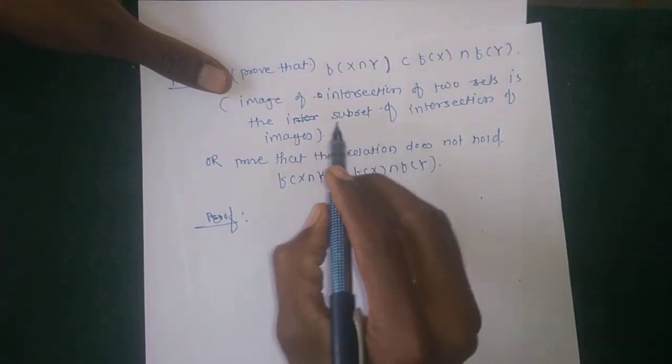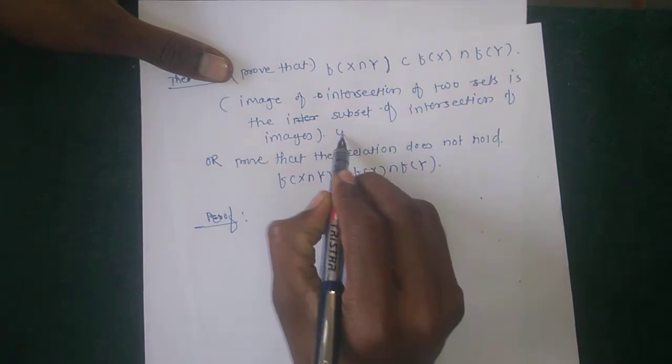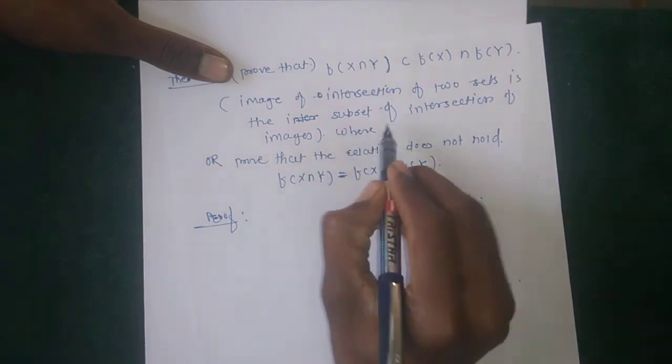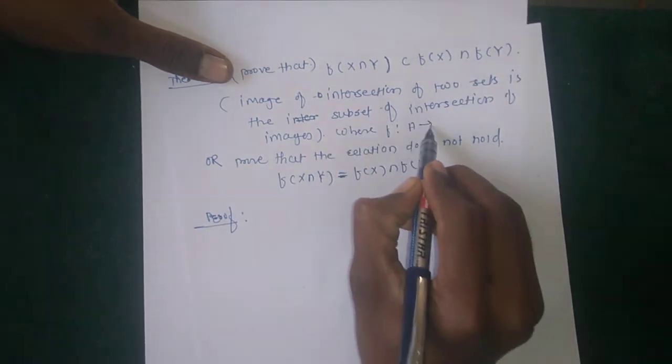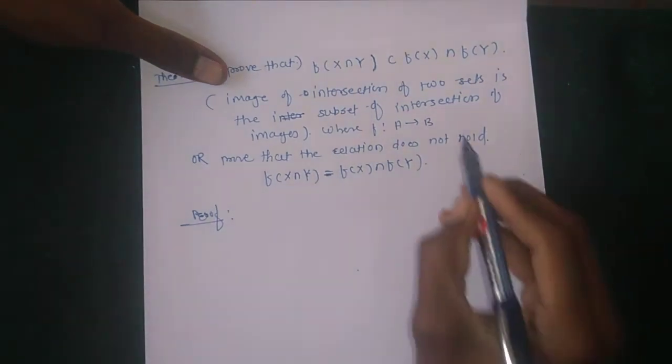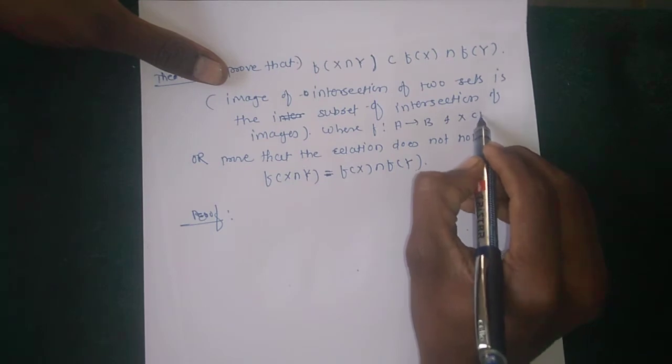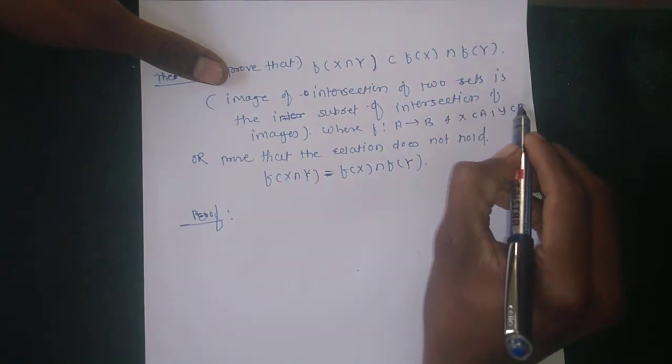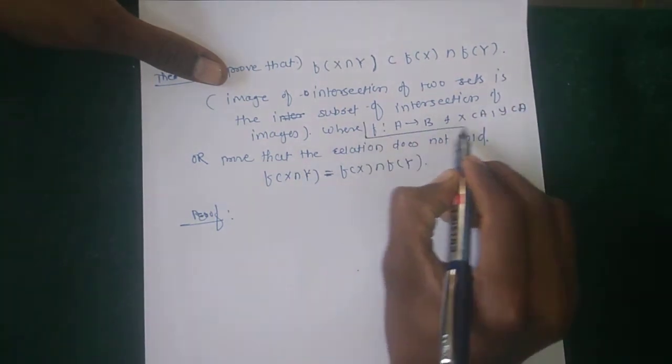Here, f is a function from A to B, and X is a subset of A and Y is also a subset of A. This is very important.